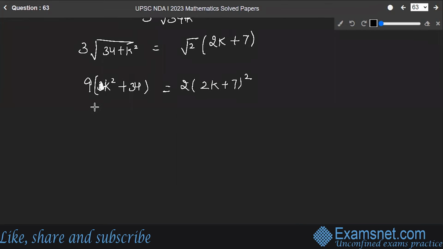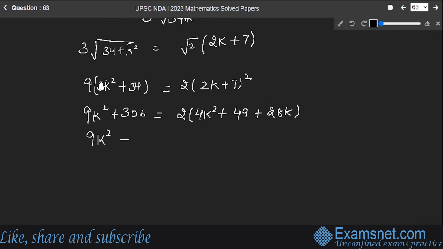Let's open it. So 9k square plus 306. This will be equal to 2 into 4k square plus 49 plus 28k. 9k square plus 306 is equal to 8k square plus 56k plus 98.